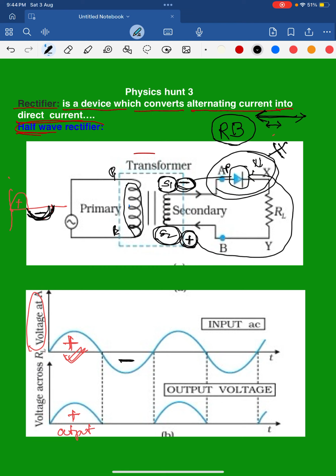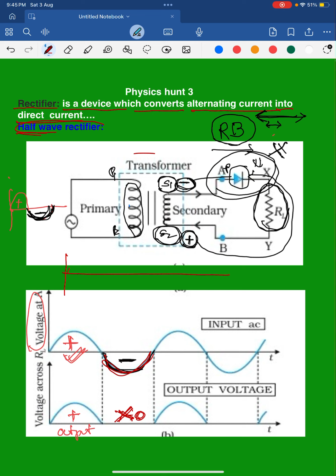So we gave the negative half cycle of input, look at this graph here, but there is no current passing through the PN junction diode, and we are not getting any output in the load resistance. That is the reason, for the negative half cycle we didn't get any output here. So that means zero output.